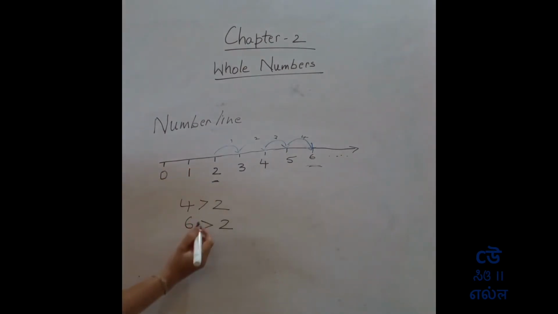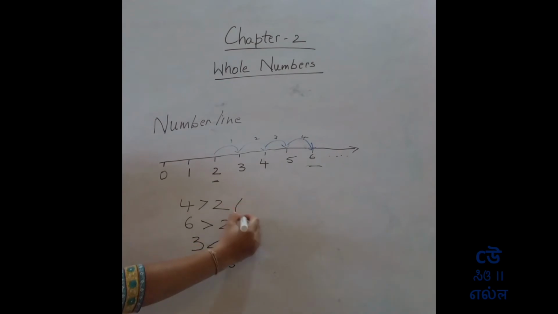Now if we take the left side number, if we take 3 and 6, obviously 3 is less than 6, right? If we take 3 and 5, 3 is less than 5.